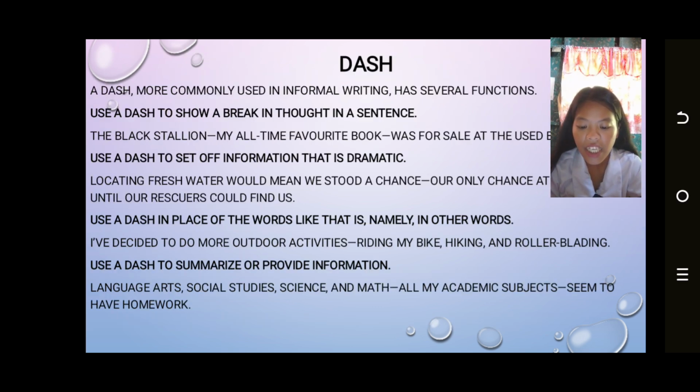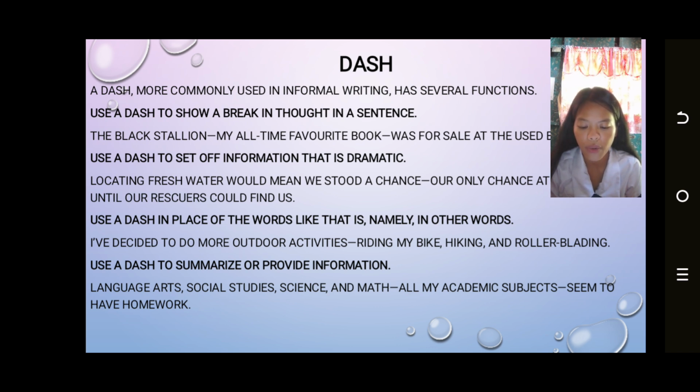Dash. A dash, more commonly used in informal writing, has several functions. Use the dash to show a break in thought in a sentence. The Black Stallion - my all-time favorite book - was for sale at the used bookstore. Use the dash to set off information that is dramatic.